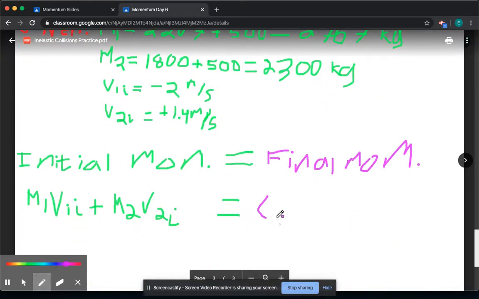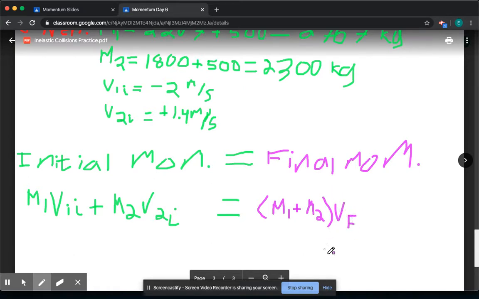Okay, if they collide and stick together, our mass is going to be the sum of both, times whatever their final velocity is.